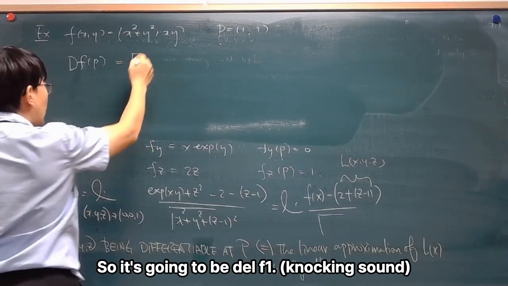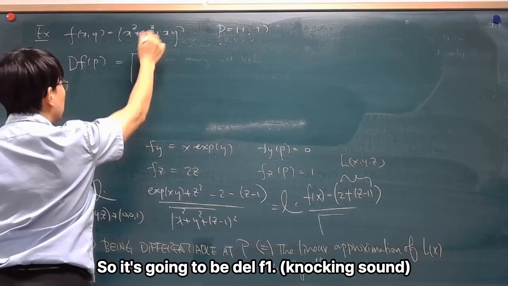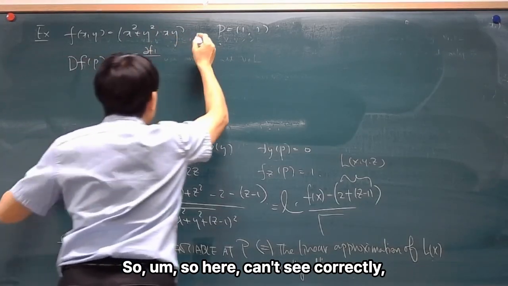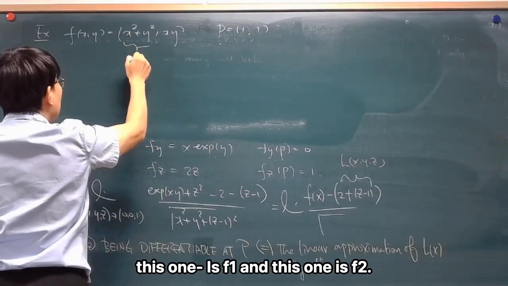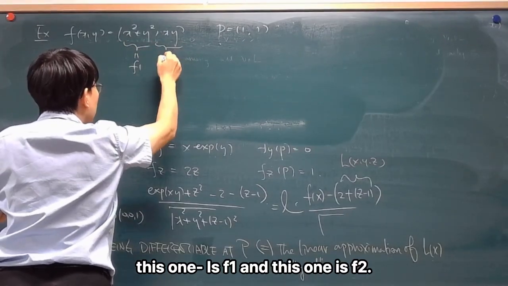So it's going to be del f1. Here you can see that this one is f1, and this one is f2.